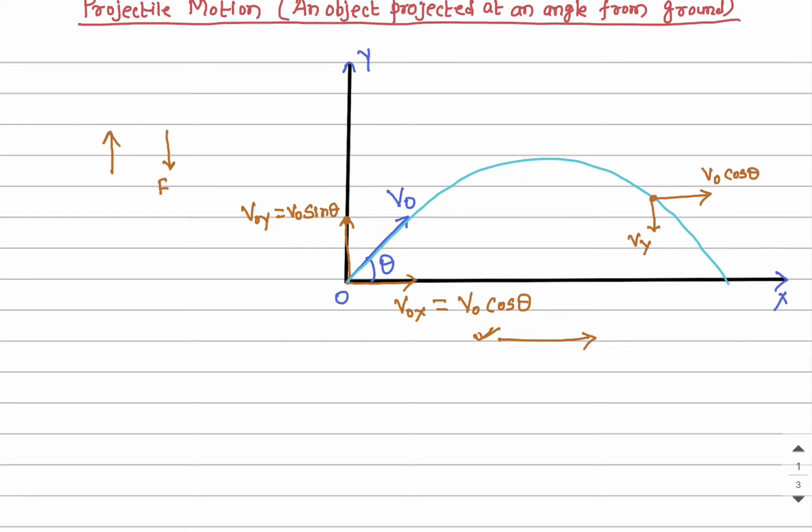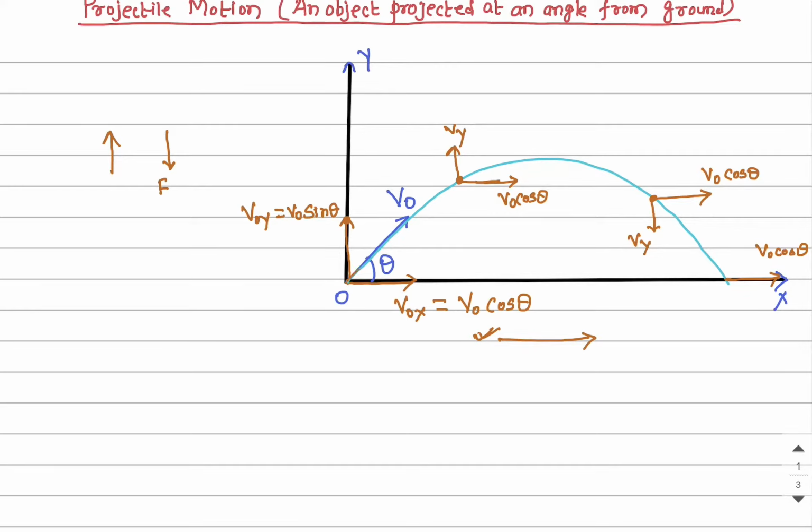Now let's take a look at this point. At this point, the horizontal velocity would be v0 cosine theta, and the vertical velocity will be vy, which is a variable. So you see at all points, it doesn't matter where, the horizontal velocity is exactly the same, but the vertical velocity is changing.